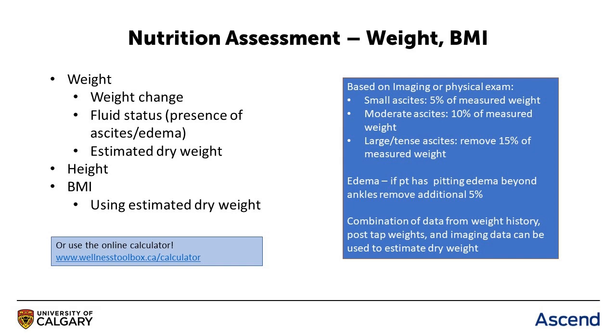I know the nurse practitioners and physicians I work with are really good at reporting in real time in the clinic, so I always get nice access there. If a patient has small ascites, I remove 5% of their measured scale weight. With moderate ascites, it's 10% to remove, and with large or tense ascites, it's 15%.